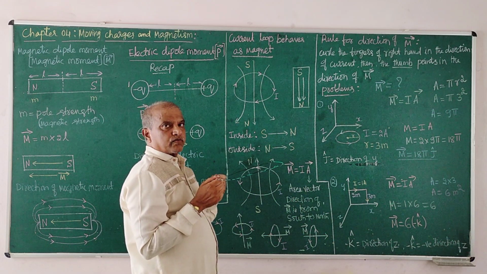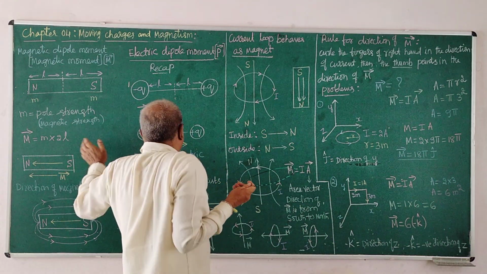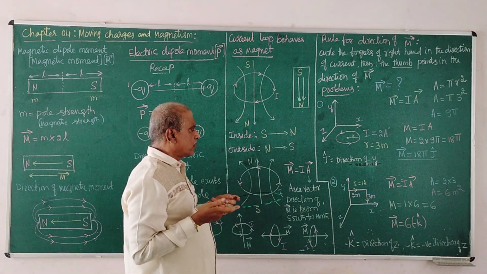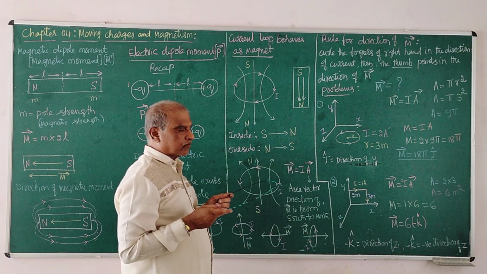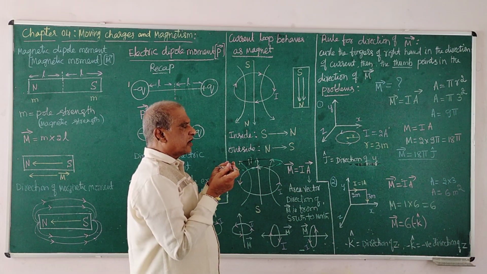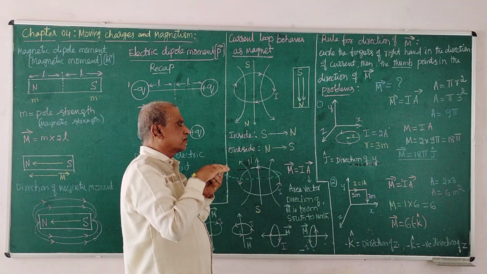Whether it is an induced magnetic field or a permanent magnetic field, there must be M, the magnetic dipole moment. What is the magnetic dipole moment for this induced magnetic field?